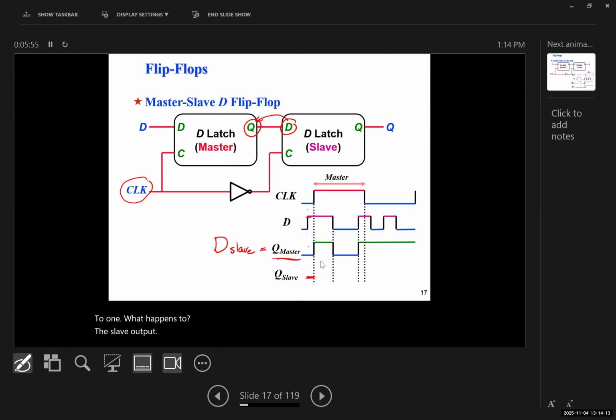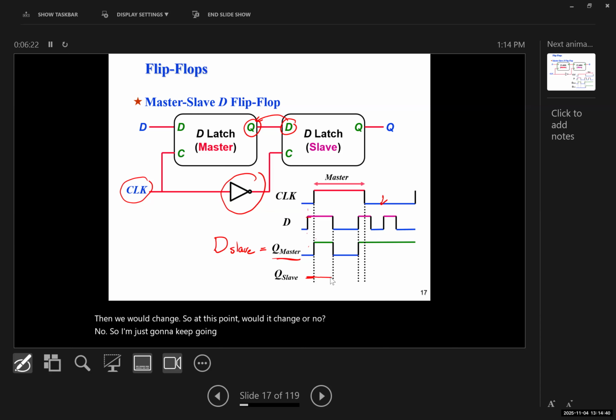And imagine that initially slave is 0. Does it go to 1 or no? Yes, the clock is inverted. So whenever this is 0, then we would change. So at this point, would it change or no? No. So I'm just going to keep going.